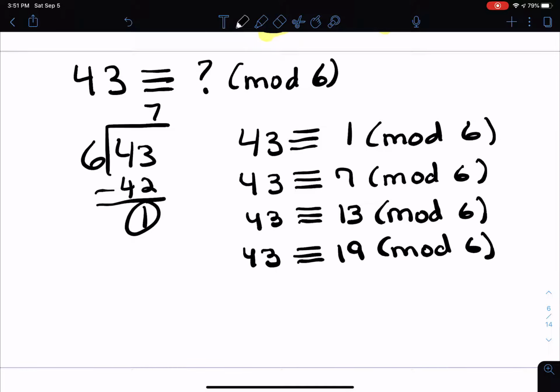Those all work. Typically, these problems are asking you, though, for that smallest non-negative number. So typically, they're asking you for this one right here, the 1. But all the others are technically correct also.